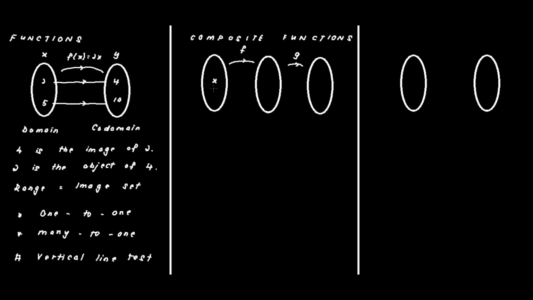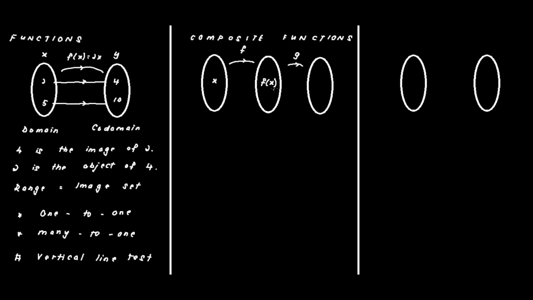After I substitute x into the function f, the image that I get out from this function will be called f(x), correct? So this is my y equals f(x).